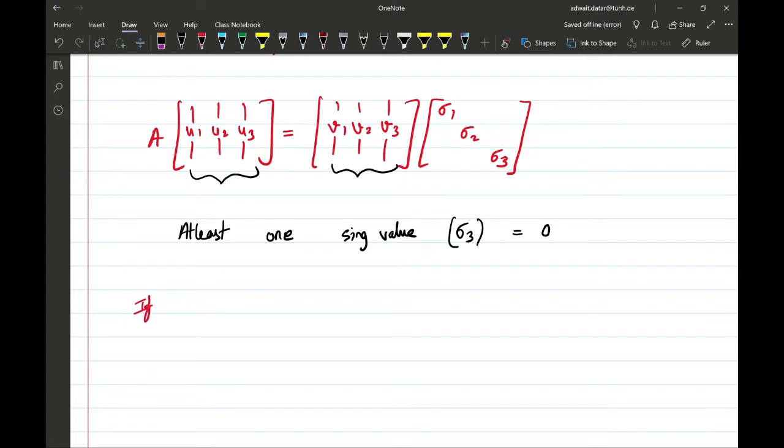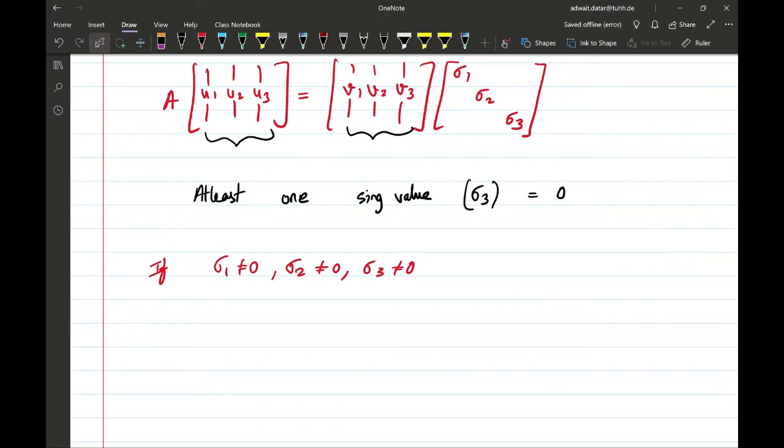So now if no singular value is 0, so that means if sigma 1 is not 0, sigma 2 is not 0, sigma 3 is not 0, we can clearly have inputs in three different orthogonal directions. So AU1 would give us sigma 1 V1, AU2 would give us sigma 2 V2, and AU3 would give us sigma 3 V3, none of which are 0.